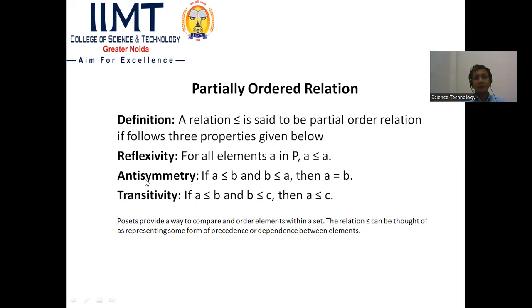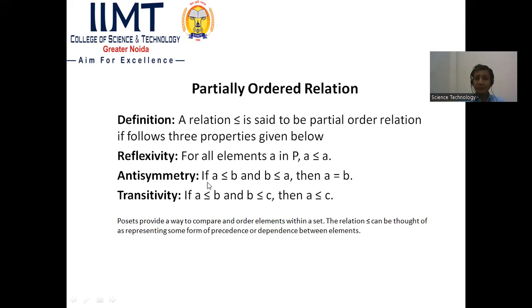Now, the meaning of antisymmetry: the statement is if A is related to B and B is also related to A, then A must be equal to B. This is the antisymmetry property.